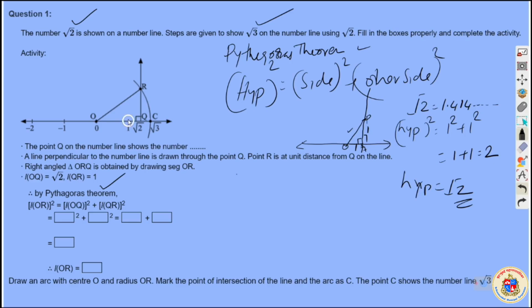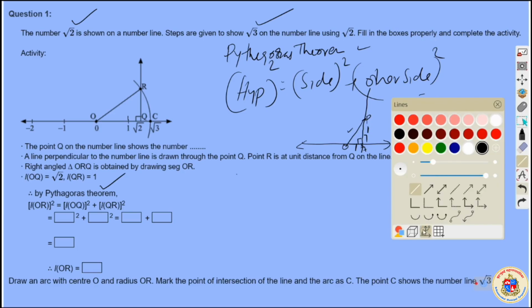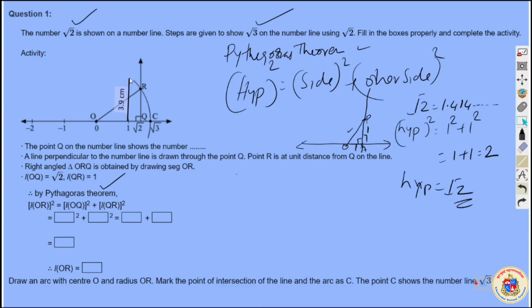If perpendicular is drawn from here, and if 1 unit is this much, this will be root 2, because this is 1 unit and this is 1 unit.